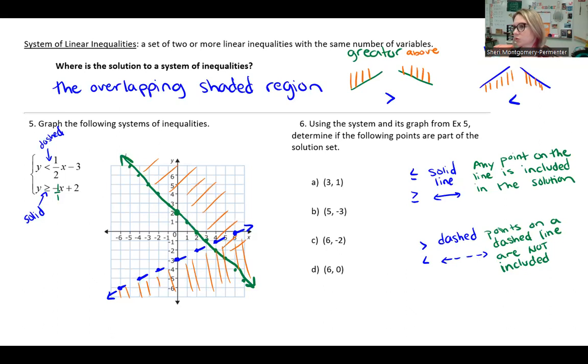Can you see where the two shaded regions overlap? Yeah, so that little triangle, that's my solution right there. And if you want to illustrate that by highlighting it, you are welcome to. That is our overlapping shaded region.